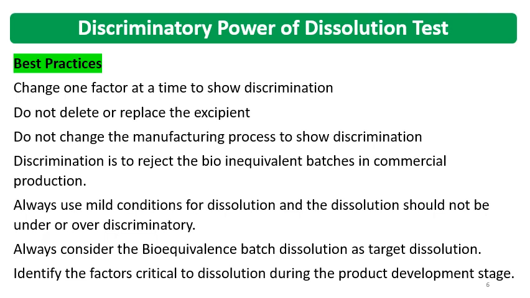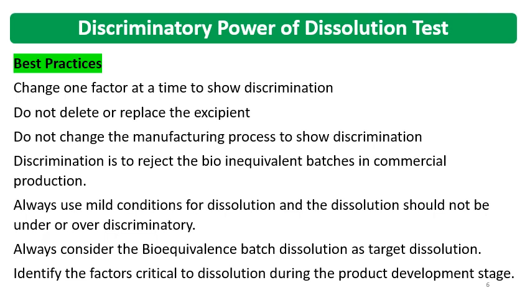If you are using 75 RPM for paddle apparatus, then it is important to have the data with 50 RPM also and with 60 RPM also. At 75 RPM, if it is slightly more for the formulation, then it will be very difficult to achieve the discriminatory power with 75 RPM compared to 50 RPM or 60 RPM. Always consider the bioequivalence batch dissolution as a target dissolution.